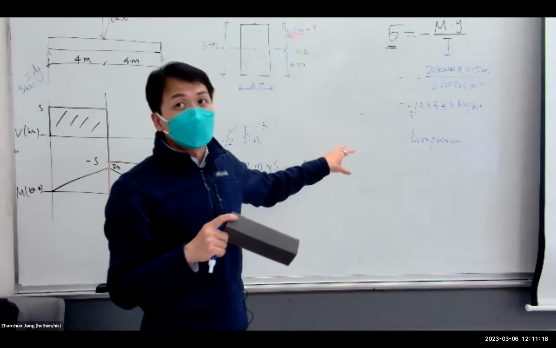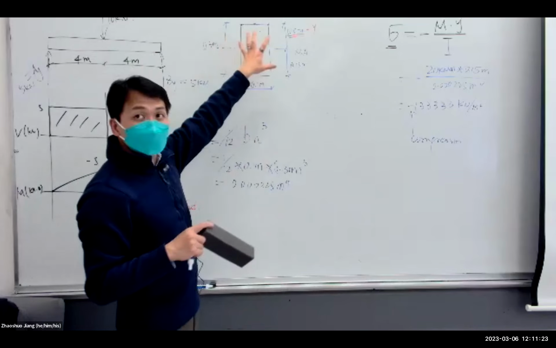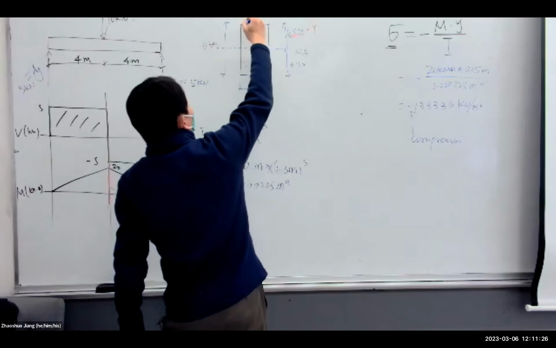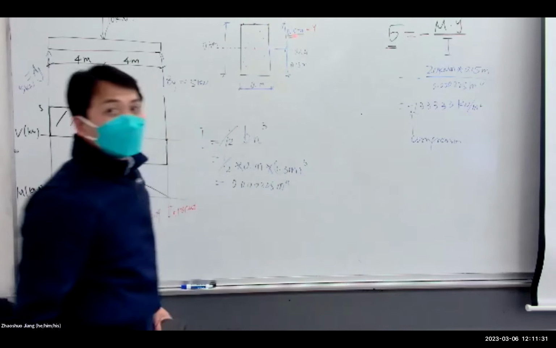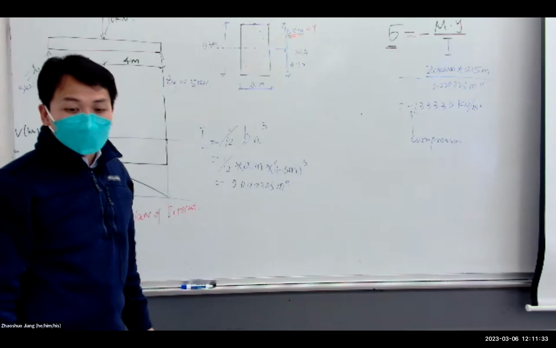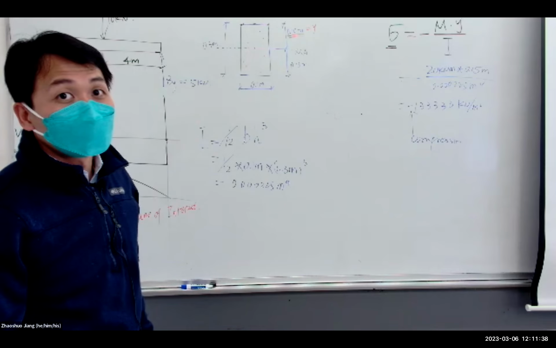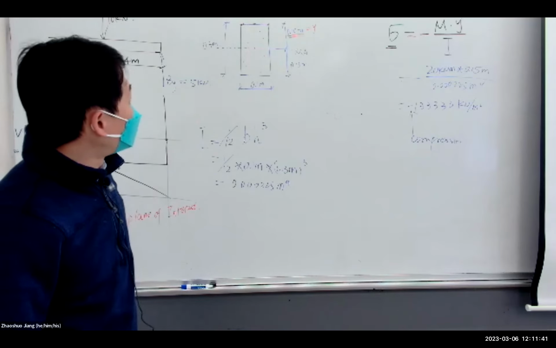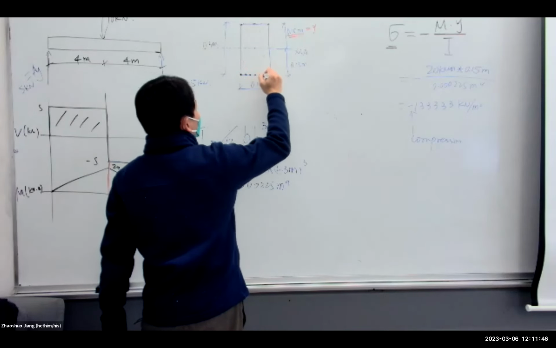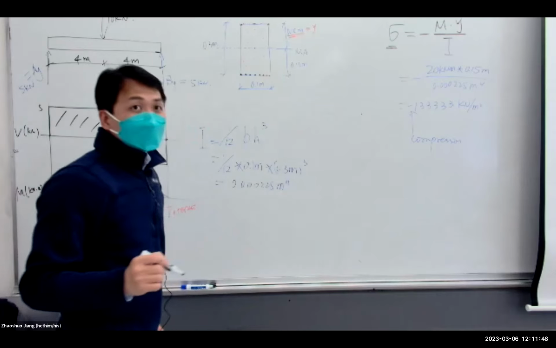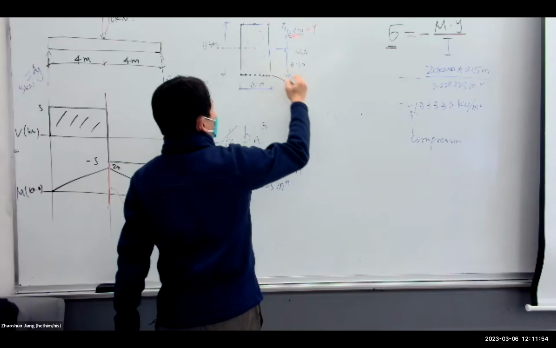But this answer is partially right. The reason is, if you look at this cross section, in addition to the point on top, which gives you the maximum y, what about the point at the bottom? Are they giving you the same distance? It's also 0.15, right? So the point at the bottom here is also going to give you the maximum normal stress. However, what is the y at that point?